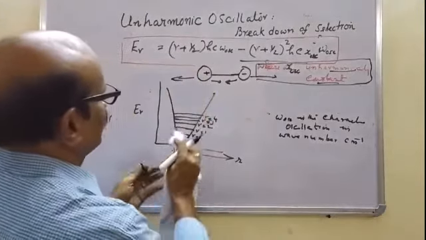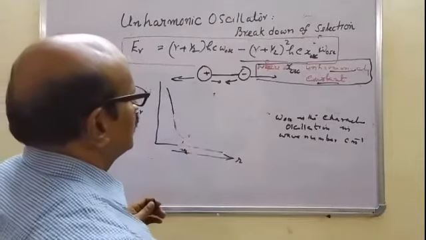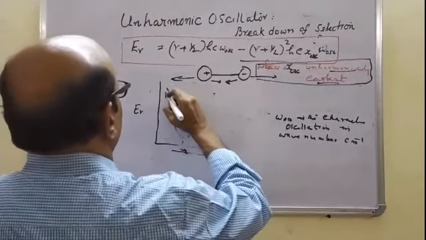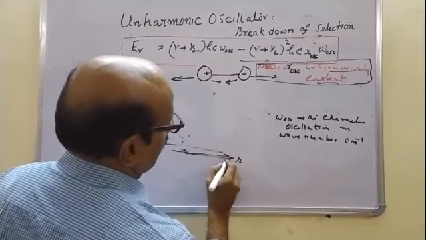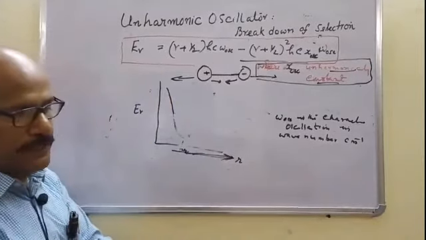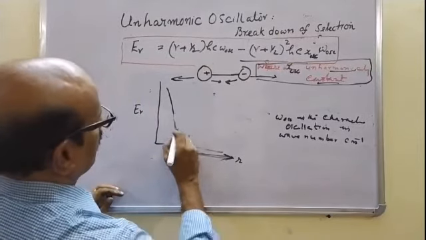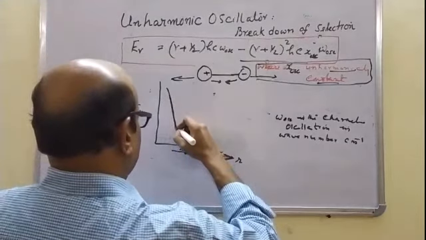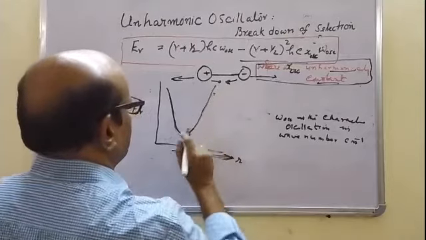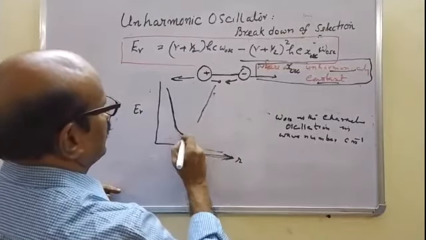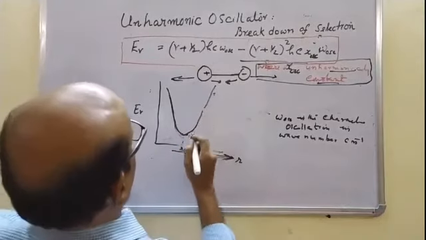So in the case of an unharmonic oscillator, the plot of potential energy versus the displacement R from the equilibrium position R equilibrium is also a parabolic curve, but the spacing between vibrational levels decreases with the increase of nu.